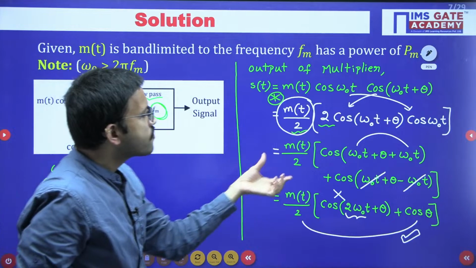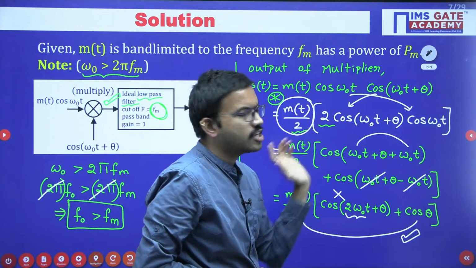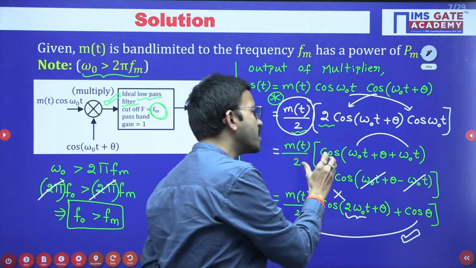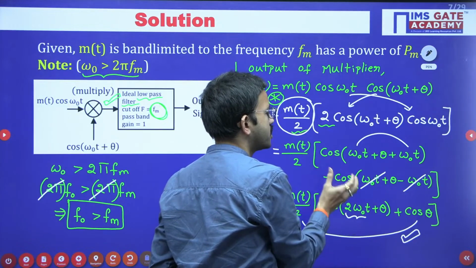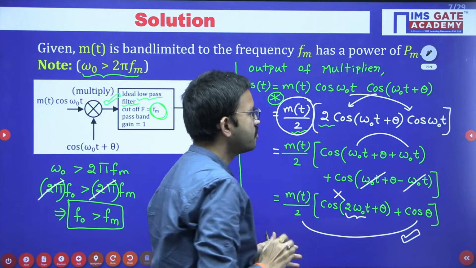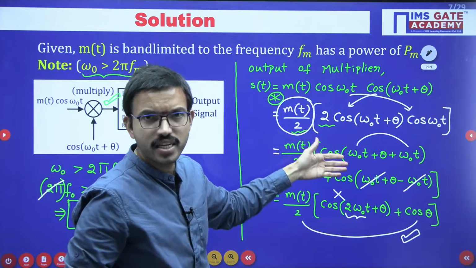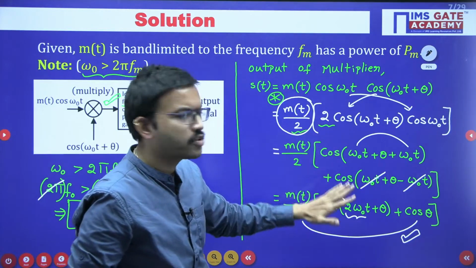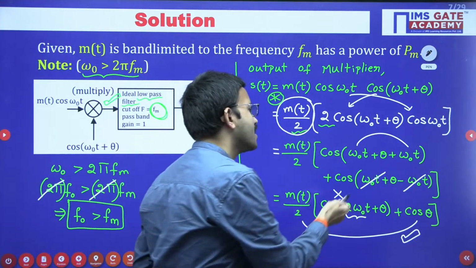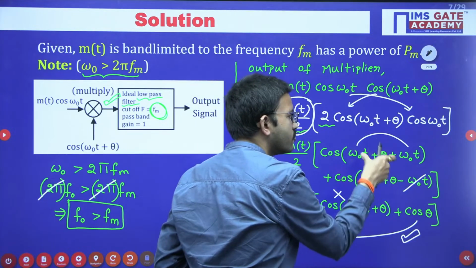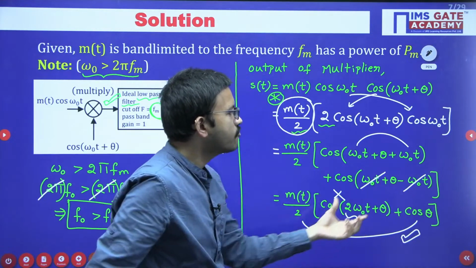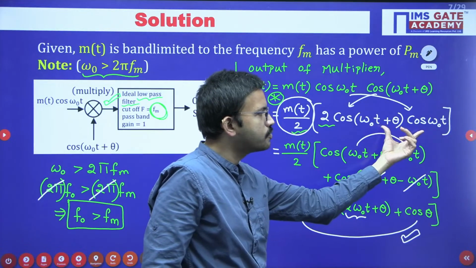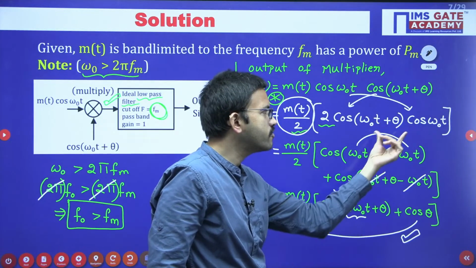After you apply the standard trigonometric equation, you are getting 2 functions. Here both are cos. Sometimes you may get one as sine and another as cos, or maybe both are sine, whatever it may be. But in the internal terms, if you observe, in one of the terms you are getting the addition of both, in another term you are getting the difference of both.